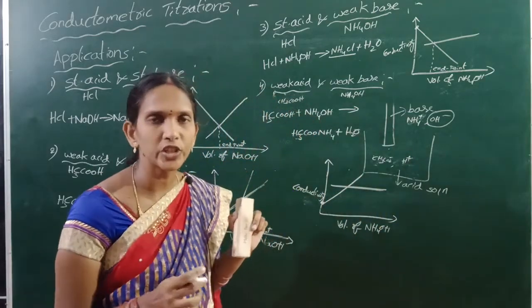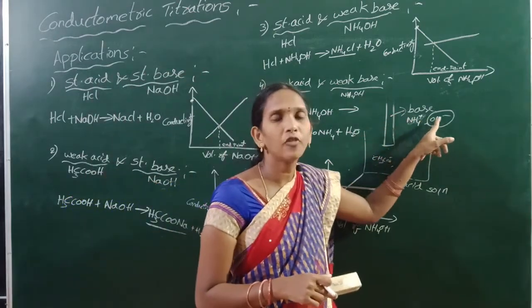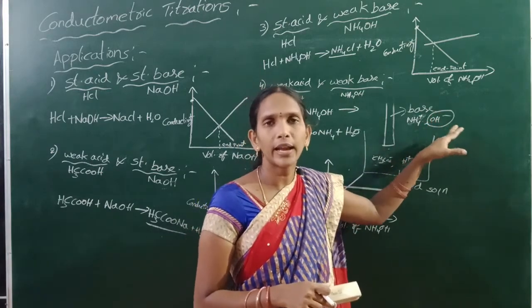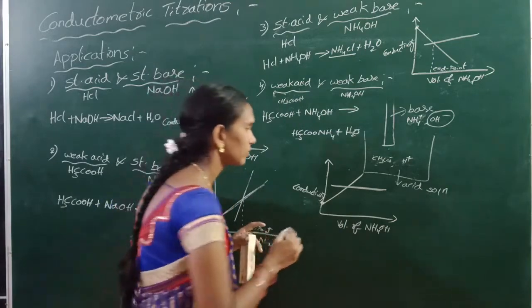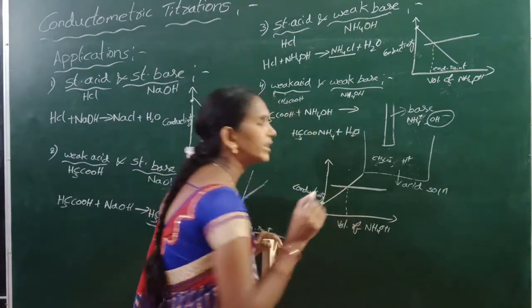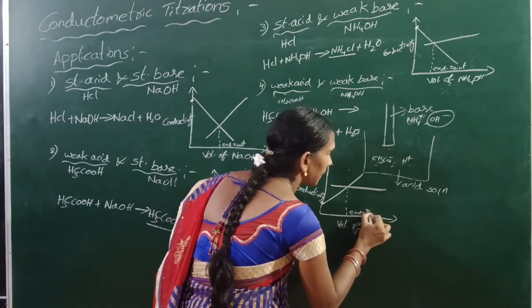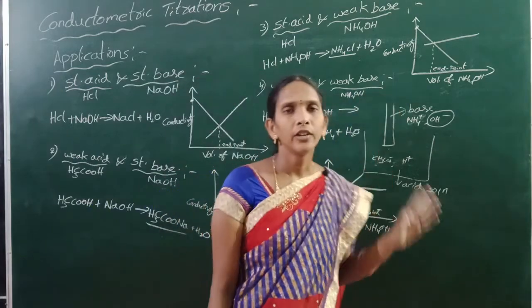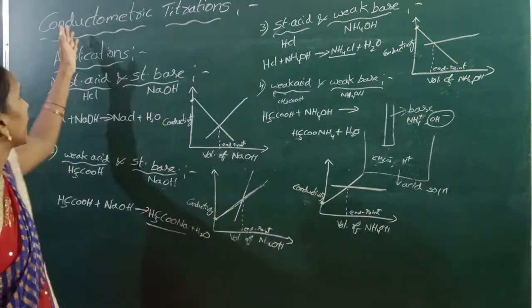Why? Because low ionized OH- ions are present. A straight line is obtained. The intersection of these two lines indicates the end point of weak acid and weak base. These are the conductometric titrations.